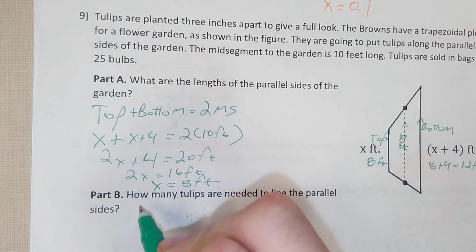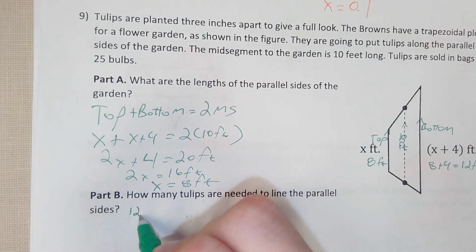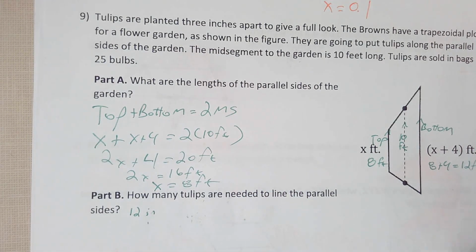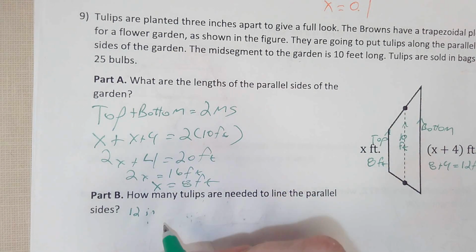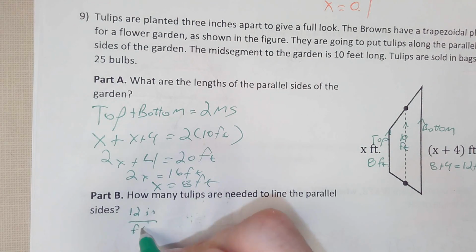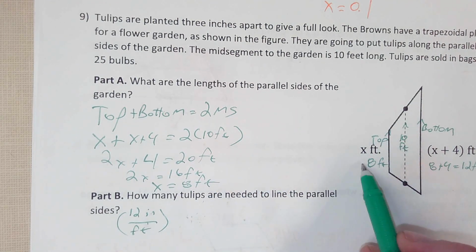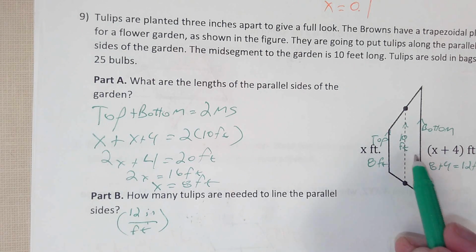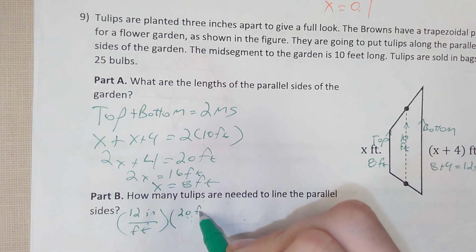So I have 12 inches per foot. And if I have 8 plus 12 that's going to be 20 feet.